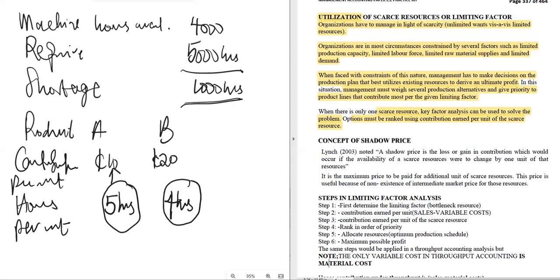And for 4 machine hours, product B generates a contribution of 20 cedis.